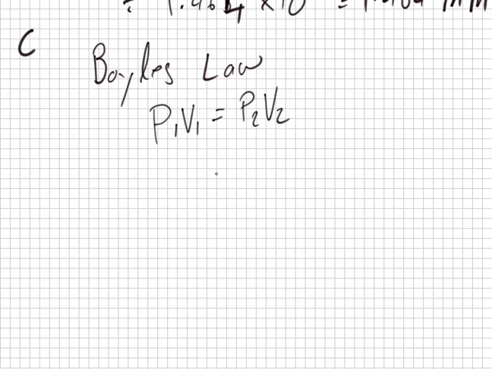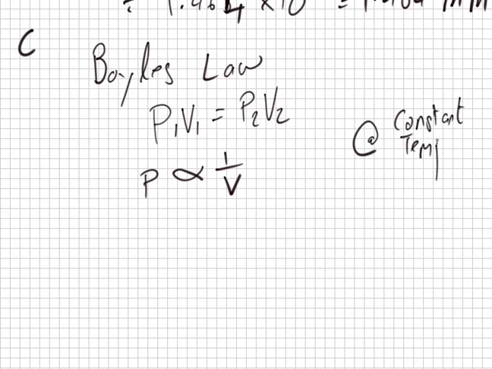I like to say P is proportional to 1 over V. Well, okay, that's fine. No, both is acceptable. But in both cases, the key thing is at constant temperature. Okay.